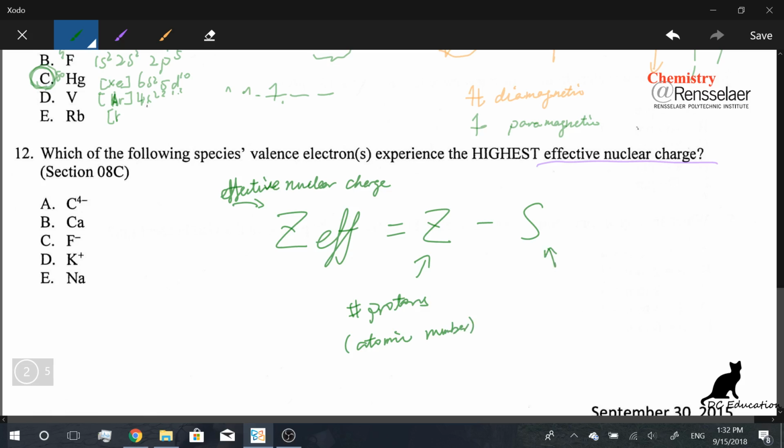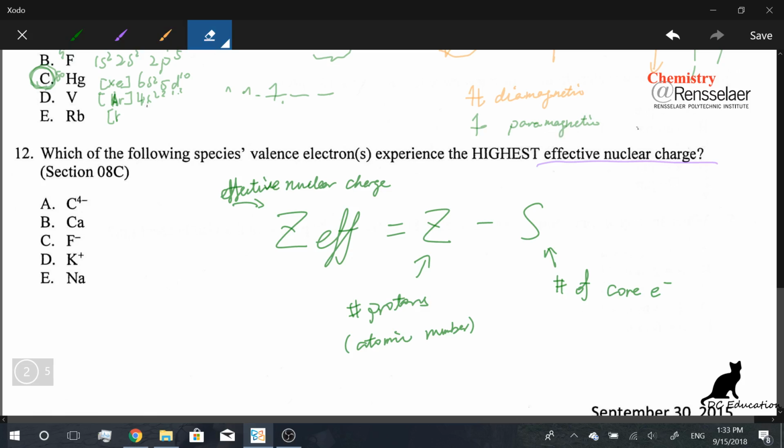And this is the number of core electrons.